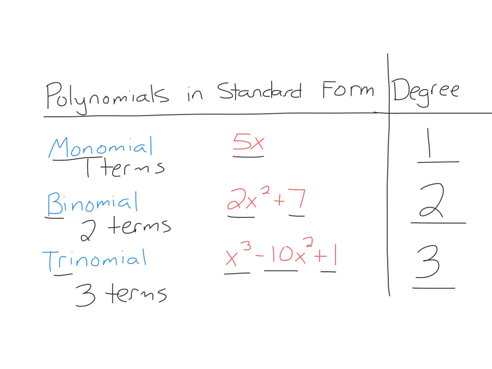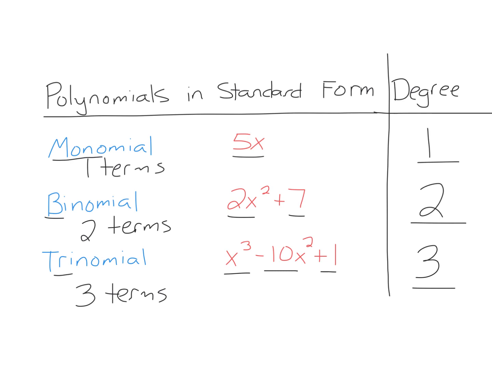It's just whatever the highest degree is. So the biggest thing to understand is monomial has 1 term, binomial has 2 terms, trinomial has 3. And what does degree mean again? Highest exponent out of our polynomial. Yep, good. Any questions on that table there?